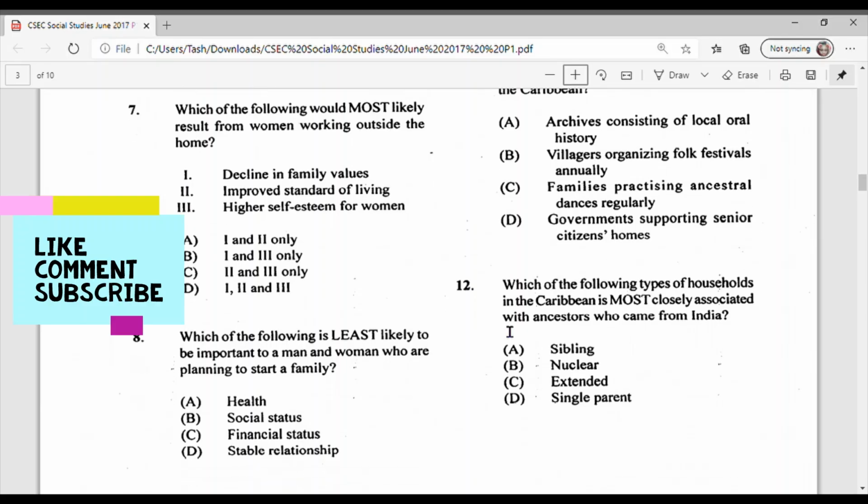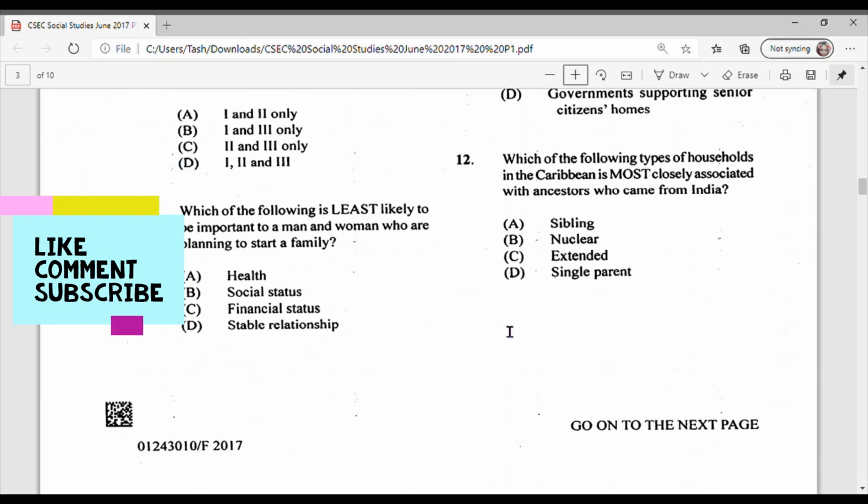Number 12. Which of the following types of households in the Caribbean is most closely associated with ancestors who came from India? So you have a sibling family, nuclear family, extended family, or a single parent family. Alright, a sibling family would look like an individual living with their sister or brother.